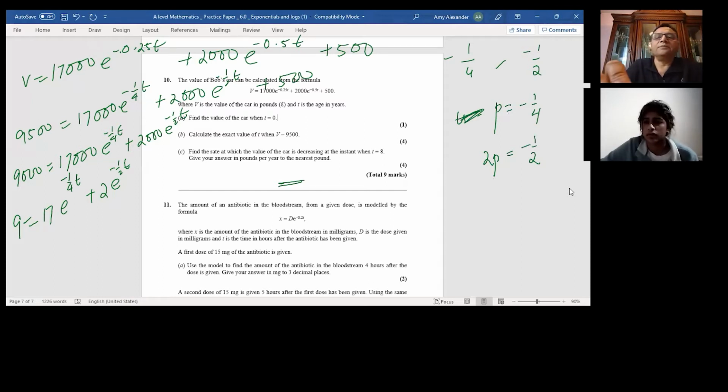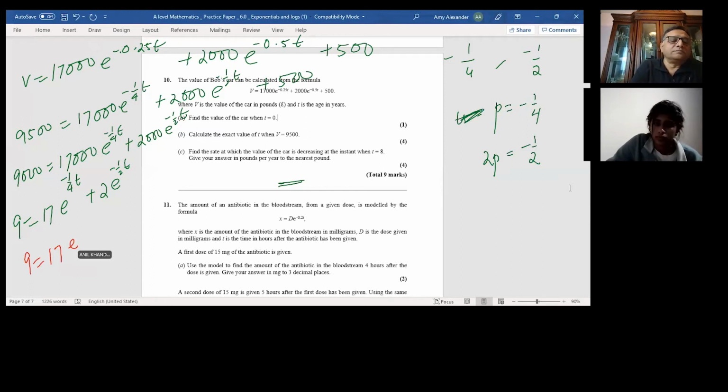Now think like this, okay? So we are making this substitution. So e to the power of minus 1 over 4 t, I am writing as p. Is it okay? Yeah, so let p equal minus a quarter t, and the other exponent is 2p. Okay.